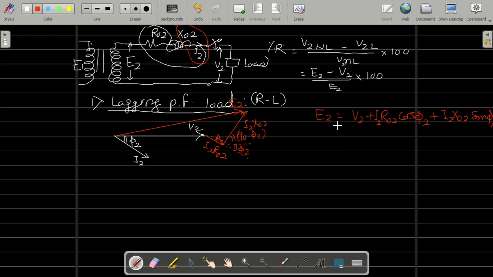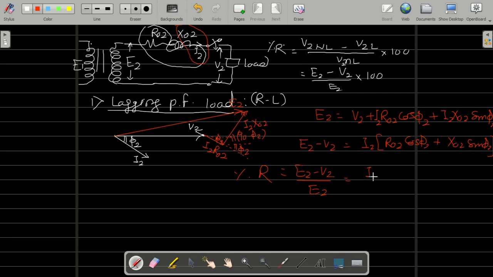Okay, this is the E2 equal to this, so E2 minus V2 equal to what? Taking I2 common, R02 cos phi 2 plus X02 sin phi 2. And percentage regulation equal to E2 minus V2 upon E2.